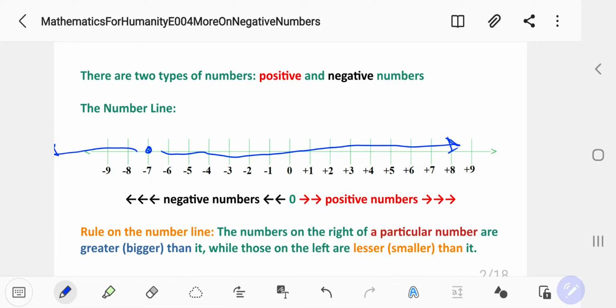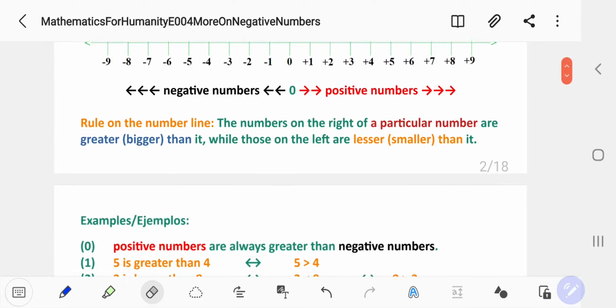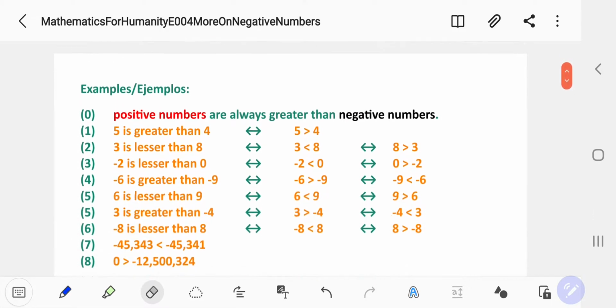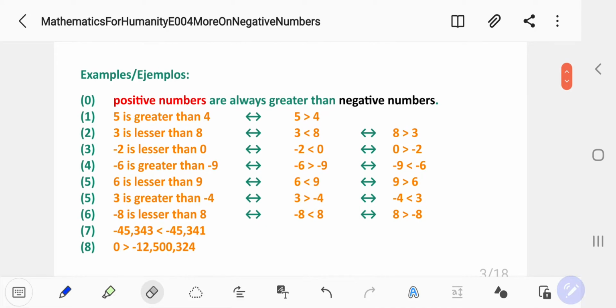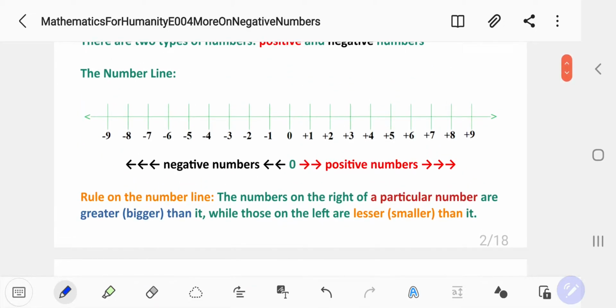So as examples, we look at this. Positive numbers are always greater than negative numbers. Why? Because positive numbers are here, and then you have negative numbers here.